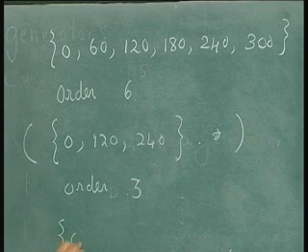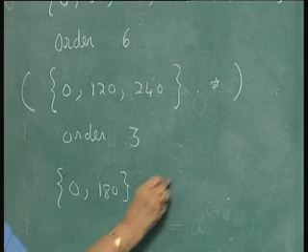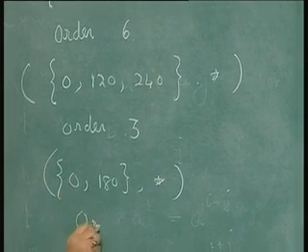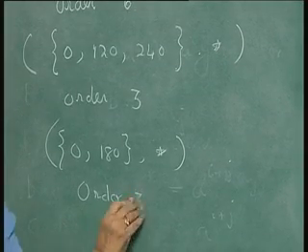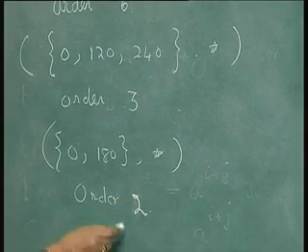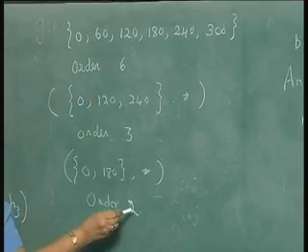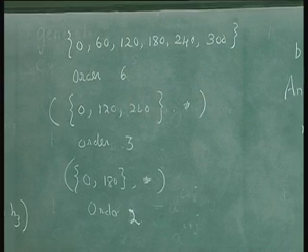Again 0, 180 with the same operation of rotation is a subgroup. And what is the order of this? The order is 2 here. So, you see that the order of the subgroup divides the order of the group. Here also the order of the subgroup divides the order of the group.